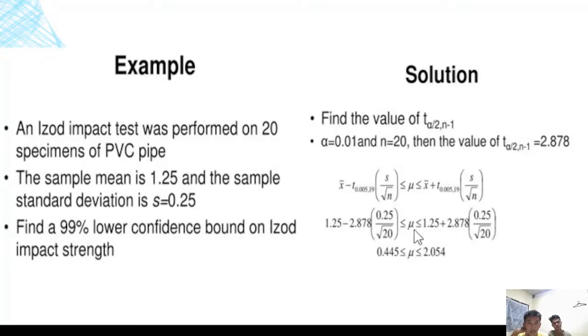Kabila naman, mu is less than or equal to 1.25 plus 2.878 times 0.25 all over square root of 20. Ang makukuha naman natin dito sa right part is mu is less than or equal to 2.054. Ito yung sagot na makukuha natin sa example na to.